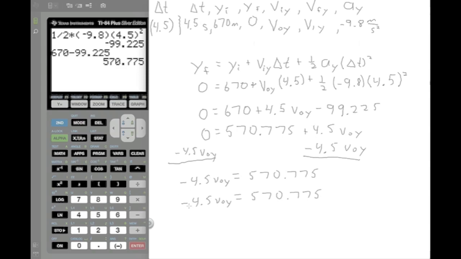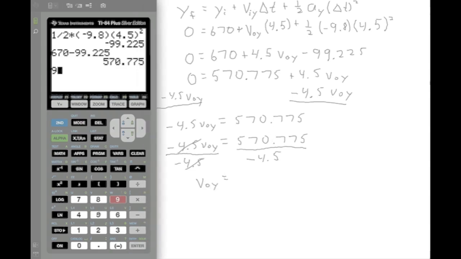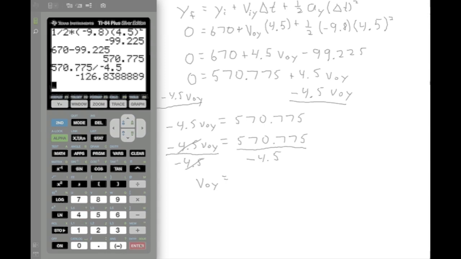Now to get the v naught y by itself, we'll divide both sides by negative 4.5. Since there's a negative sign here, be careful to handle the negative sign correctly. The negative 4.5 cancels from the left. We can do this calculation on our calculator. 570.775 divided by negative 4.5.